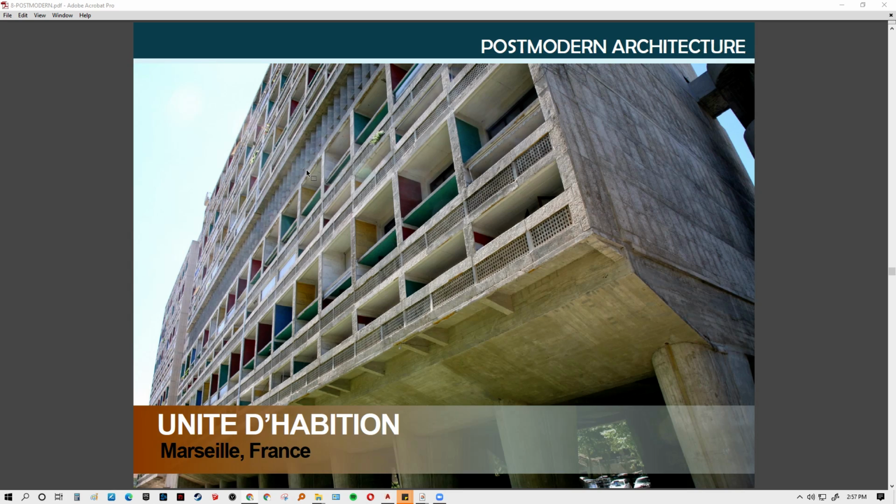This is how other structures are usually built because of the influence of this one.